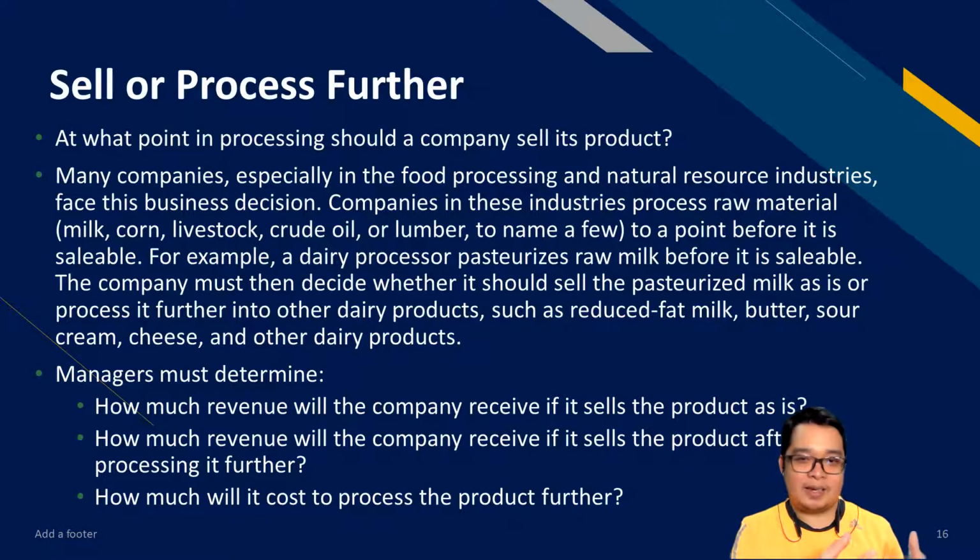You can sell the dressed chicken as is, or you can chop the parts, and then some you make into chicken ham, some you make into barbecue, some into chicken nuggets. So there's a lot you can do with raw chicken. Should you process it further or not, is it worth it? Essentially, that's the problem that we are confronted with.